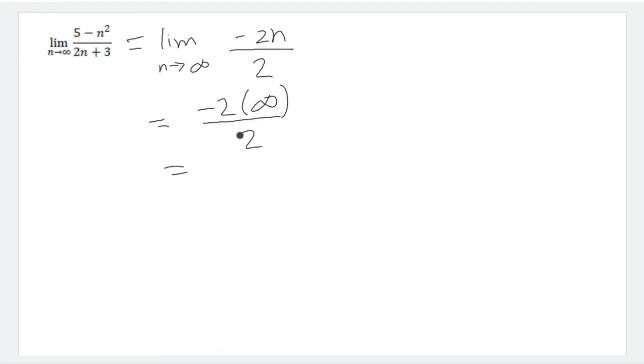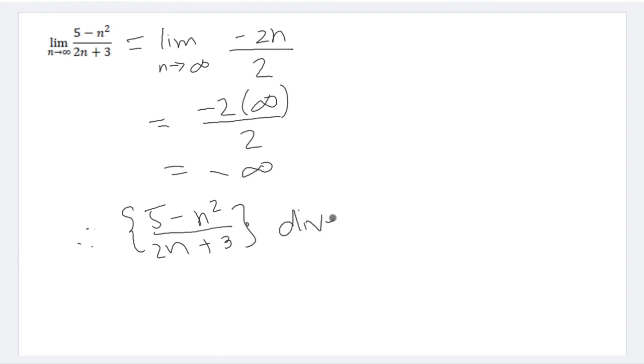Of course, negative 2 times infinity is negative infinity, divided by 2, still negative infinity. So therefore, we say that the sequence (5 - n²)/(2n + 3) diverges, or you can write it is divergent.